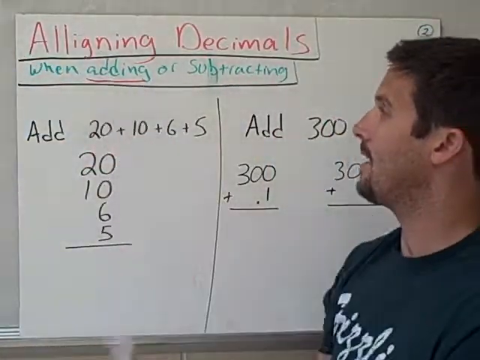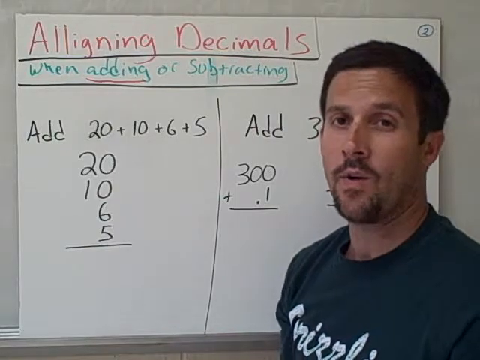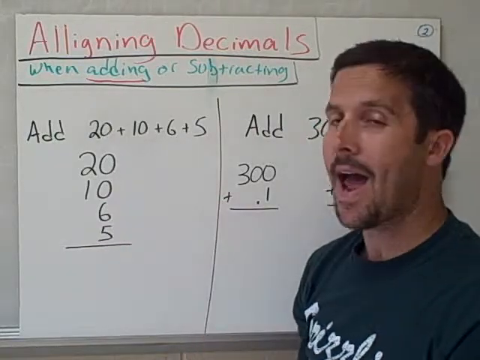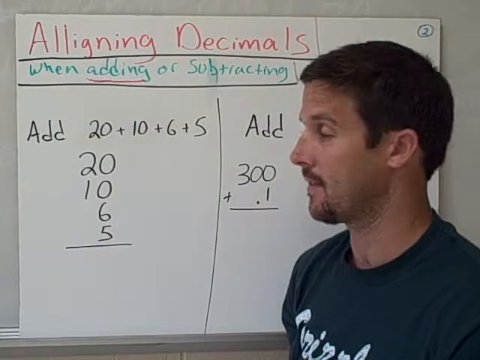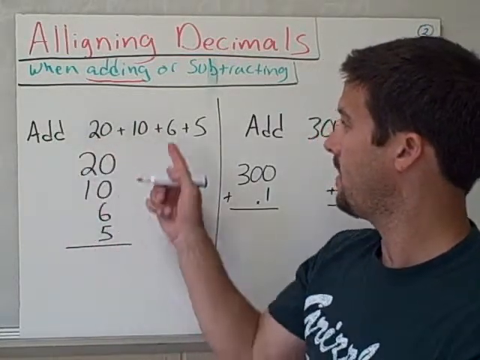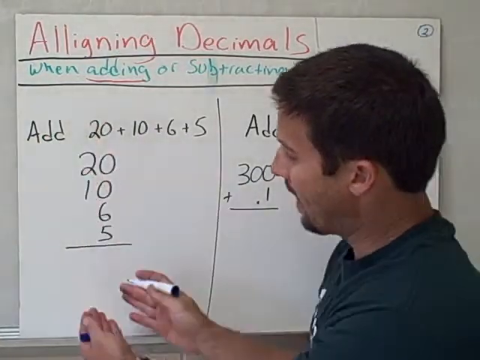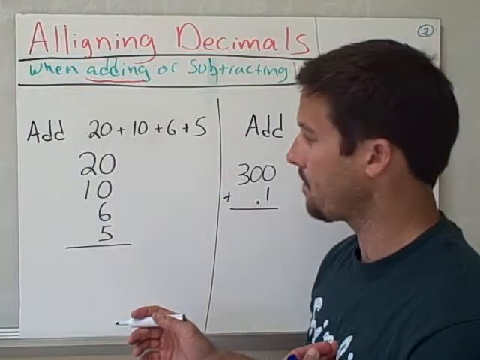All right, aligning decimals when adding. Look, you've been doing this a lot when you've just been taking regular numbers and adding them. You just haven't realized it yet. So if I say add these numbers, 20, 10, 6, and 5, you've kind of already been writing it down like this, which is the way I write it.